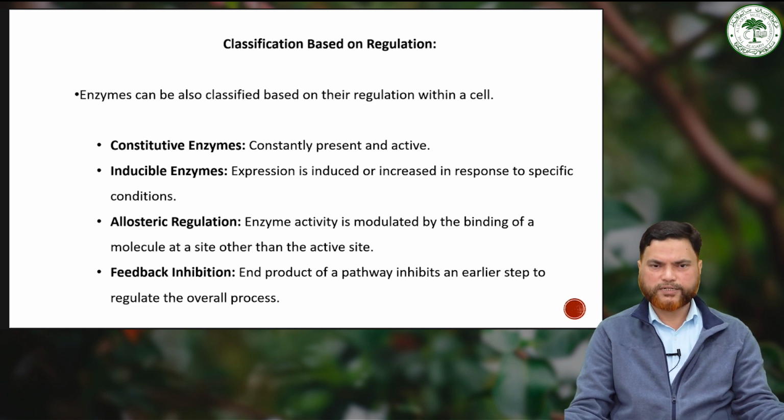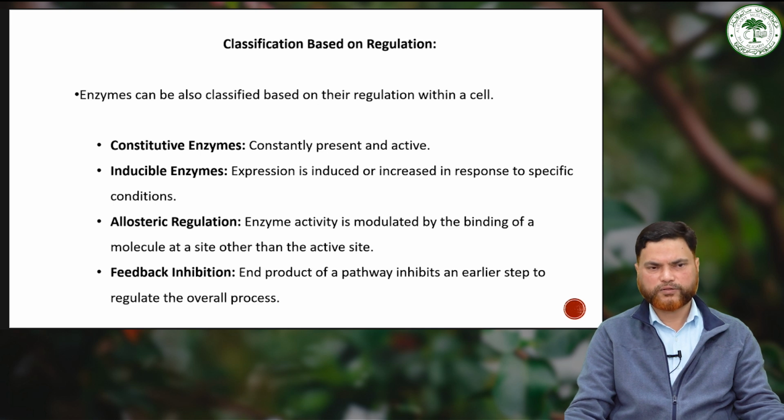The primary site involved in feedback inhibition is the allosteric site, located distinctly from the enzyme's active site. When the end product binds to the allosteric site, it causes a conformational change in the structure of the enzyme, thereby reducing or stopping its activity.